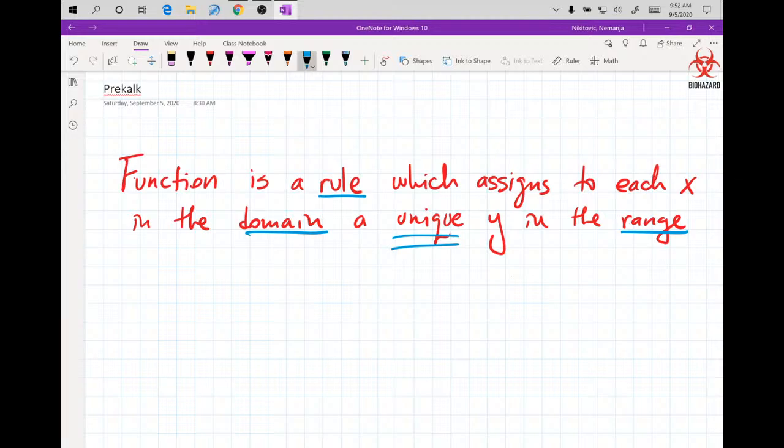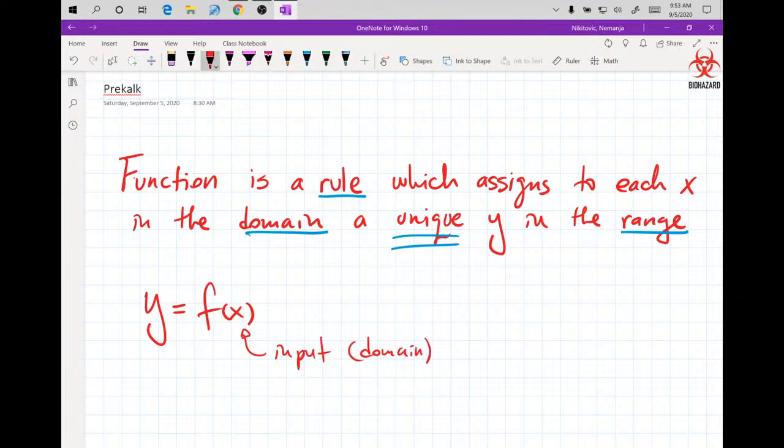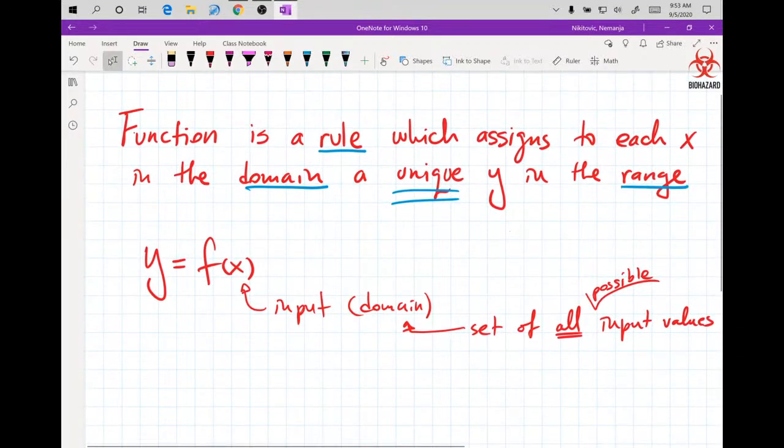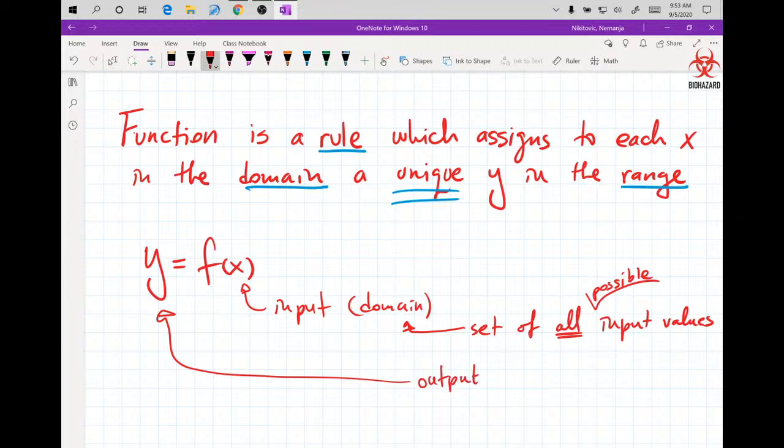So you are probably seeing the notation y equals f of x, where x is your input, meaning that's the domain, the set of all possible input values, to get this one, which is the output, also known as the range, and that's the set of output values.